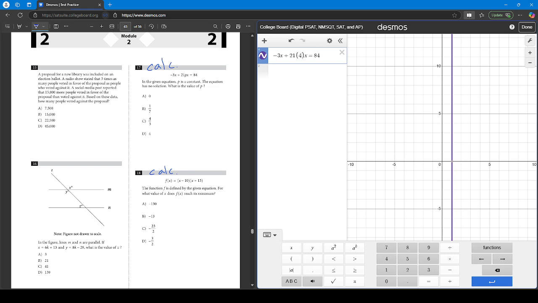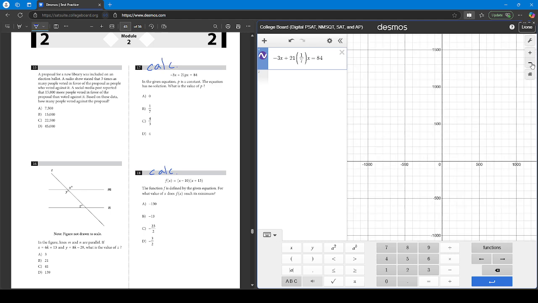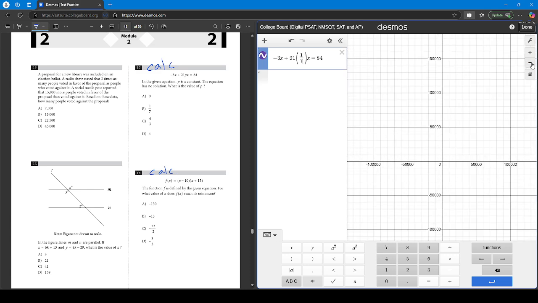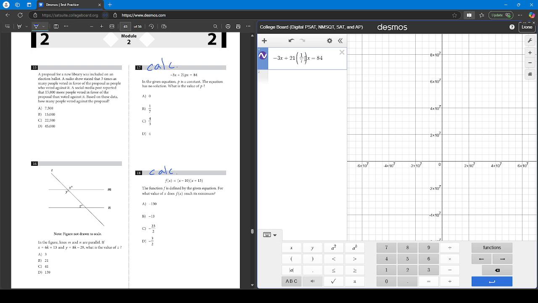Let's see. If we put in 1/7, let me see what the fraction one looks like. What does it give me? It says there's a solution somewhere out there, but I don't see it anywhere. 4/3, there's a graph. 0, there's a graph. 4, there's a graph.